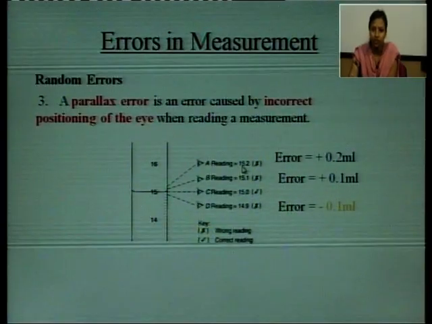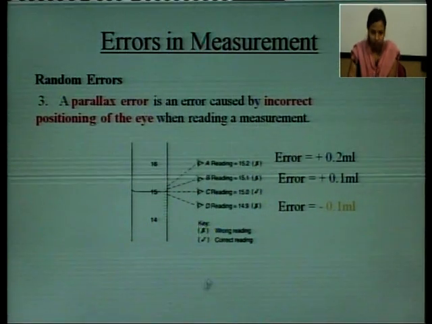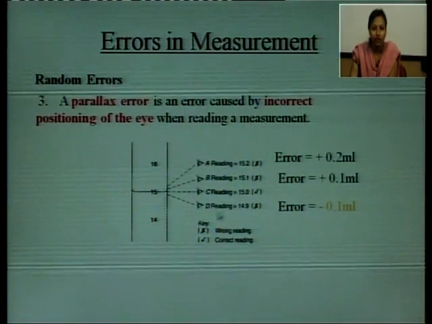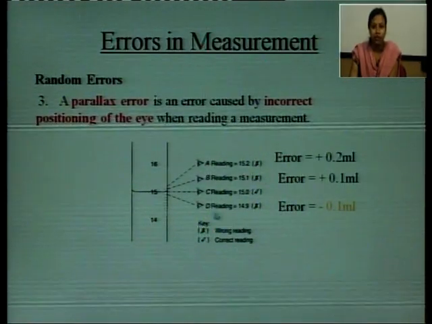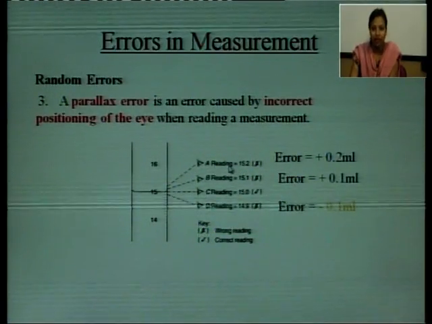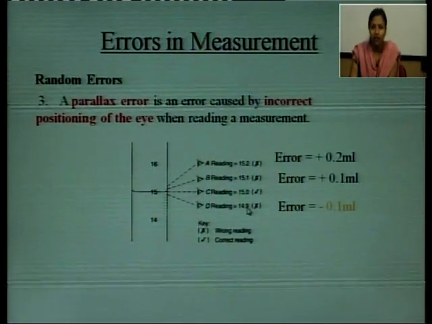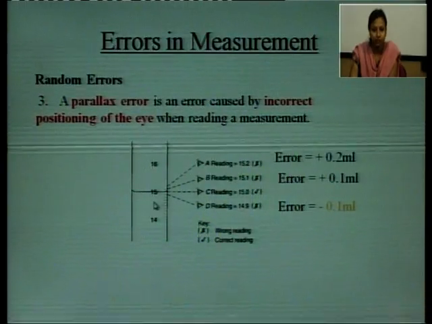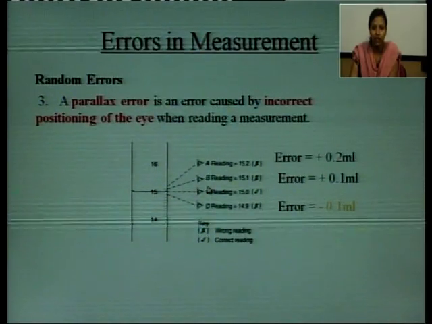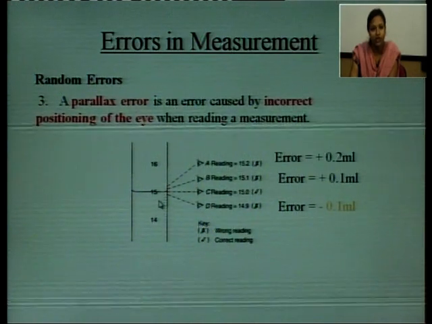Here point A gives the value 15.2, which is not correct, point B gives 15.1, which is also not correct, and point D gives 14.9. So in all these measurements A, B and D, there is some error involved. While if we keep our eye at point C, this will give us the accurate value of that physical quantity.